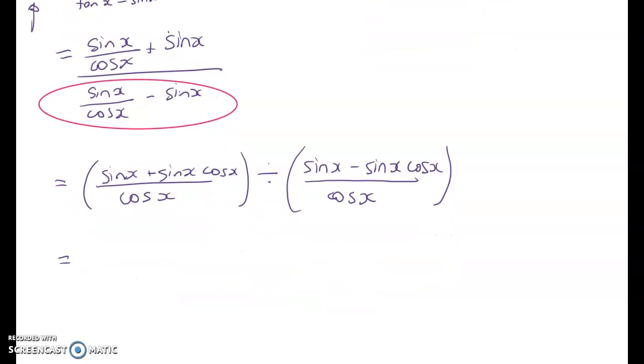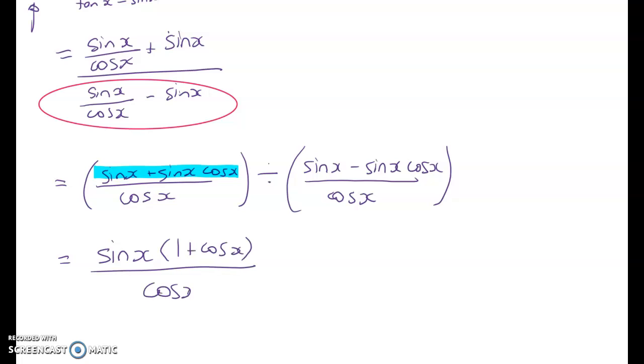When we divide by fractions, we multiply by the reciprocal. So here, I'm going to do a couple of things in one go. I can see that I've got a common factor of sine x in here. So I've got sine x times 1 plus cos x over cos x times cos of x, and I'm going to do the same factorizing here.